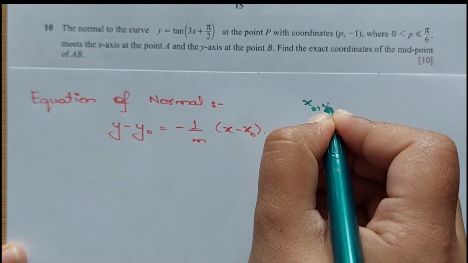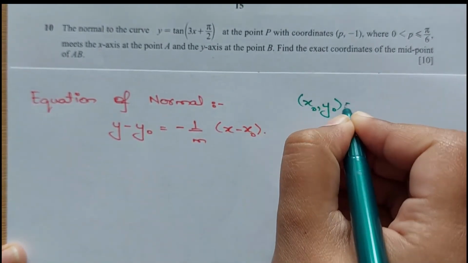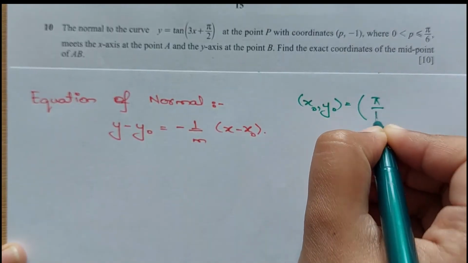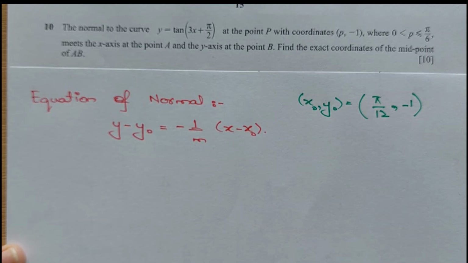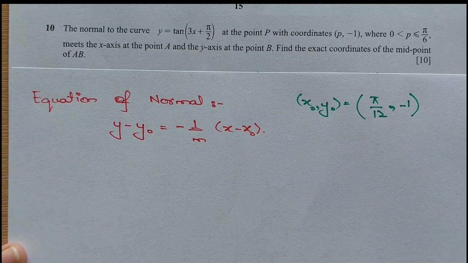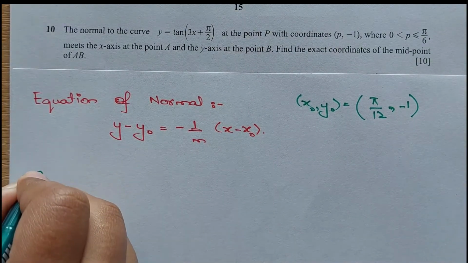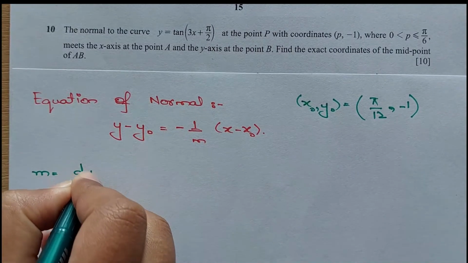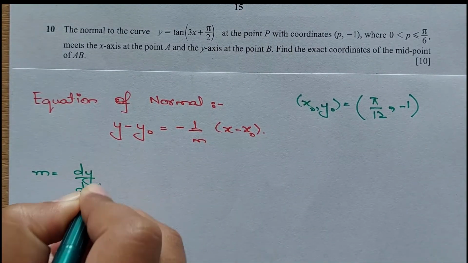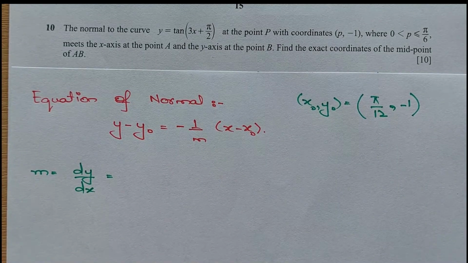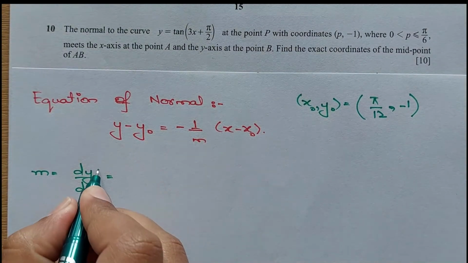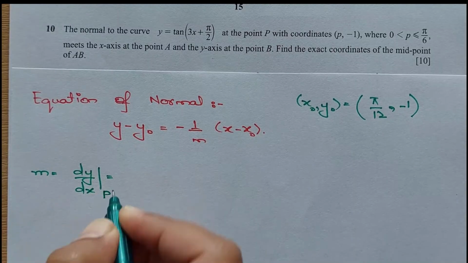X naught, y naught is pi by 12 and negative 1, right? What is m? M is the slope. So let me solve for m. M is basically dy over dx at the point P, right?